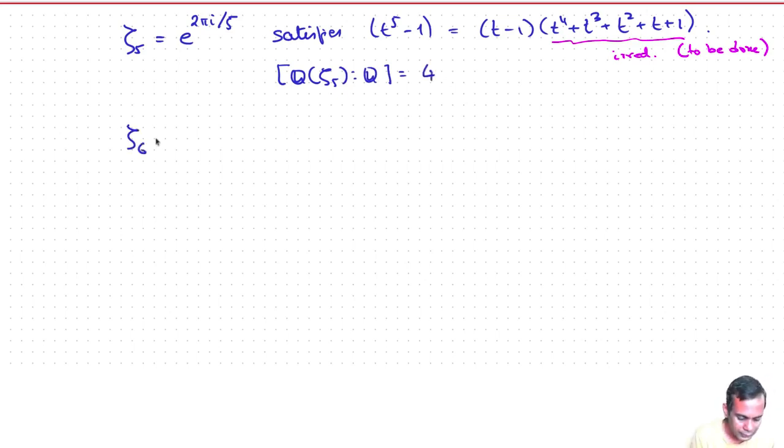An interesting one is zeta 6, e to the 2 pi i by 6. So this satisfies t to the power 6 minus 1, and this has a nice factorization.